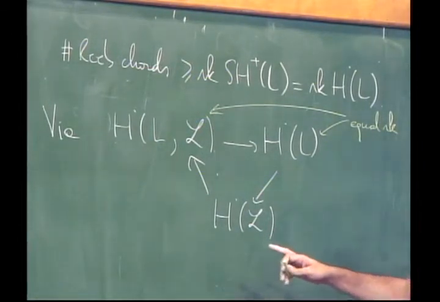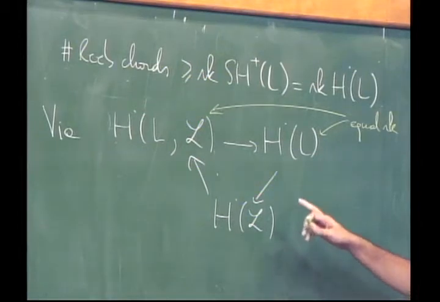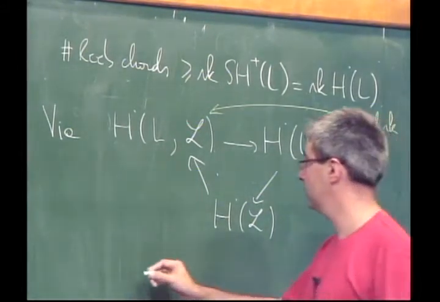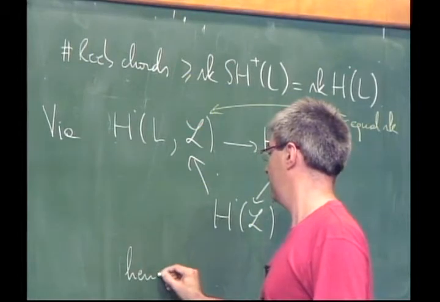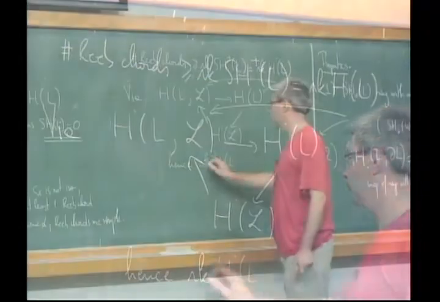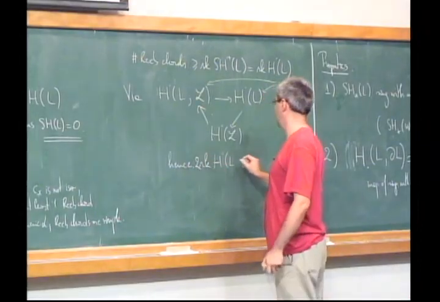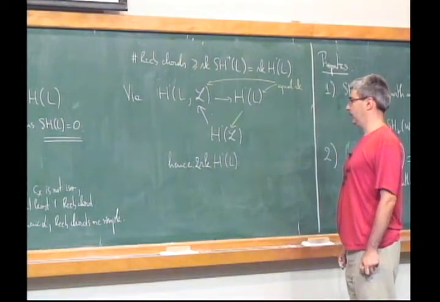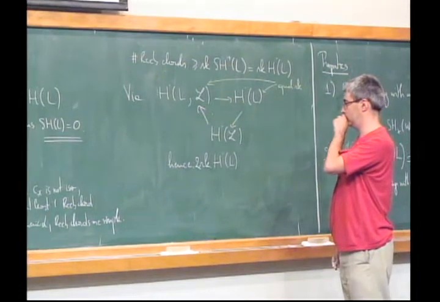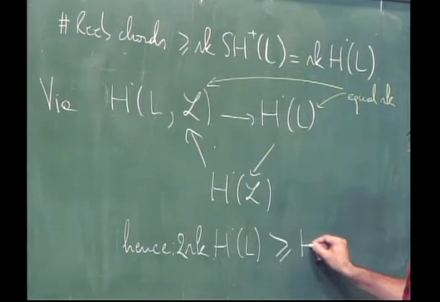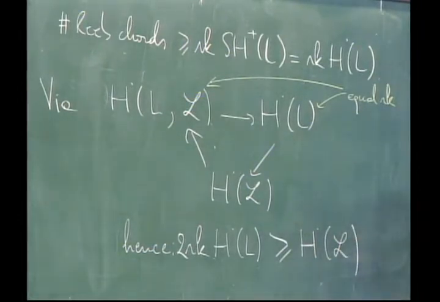And therefore these two have equal rank, and hence twice the rank of the cohomology of L is... I want to say that this is bigger than the rank of the cohomology of this. Yeah?